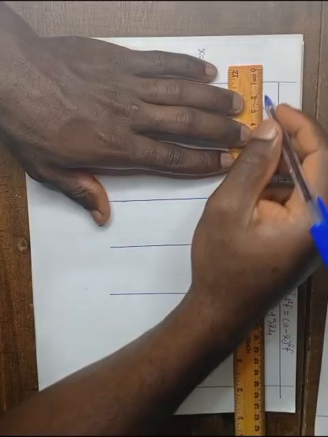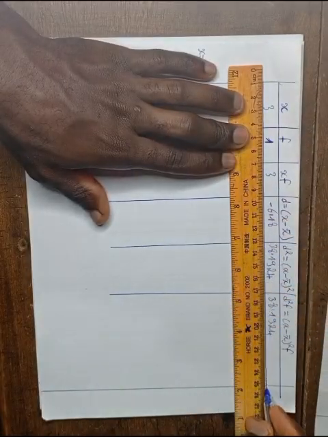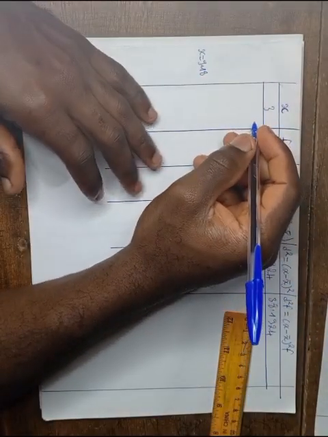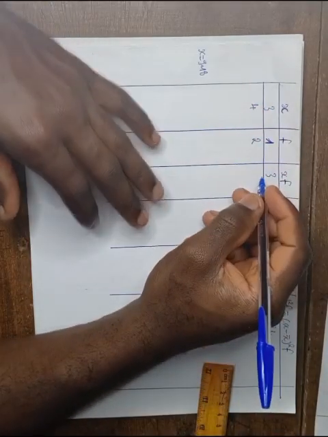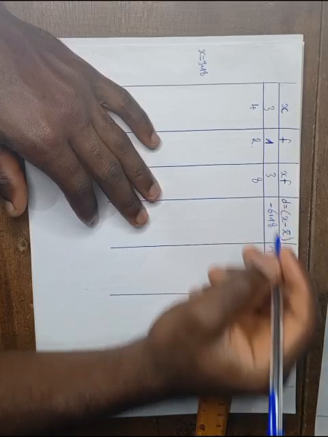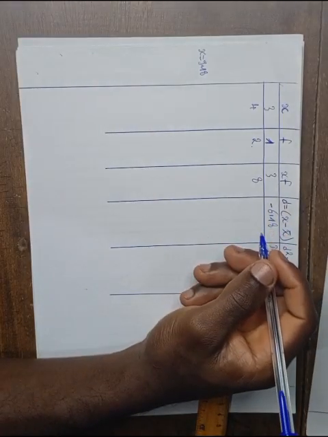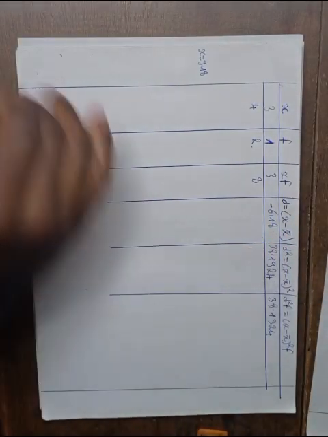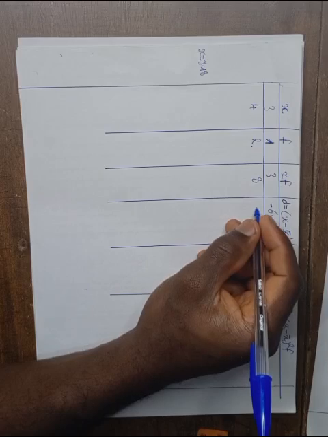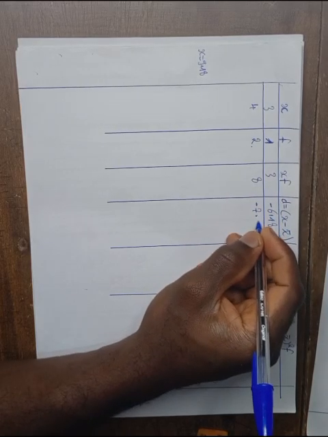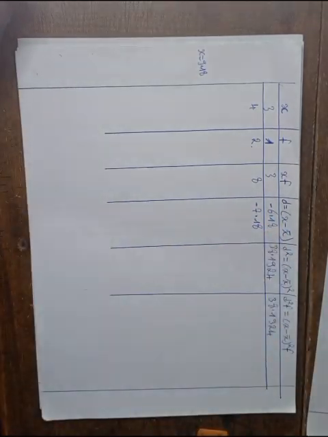Next, we go now to the next observation, which is 4. Number 4 occurs twice. I'll write down 2 here for the frequency. We take 4 times 2 is 8. Next, we need now the deviation. 4 minus 9.18 gives us negative 5.18. Next, we have to square negative 5.18.